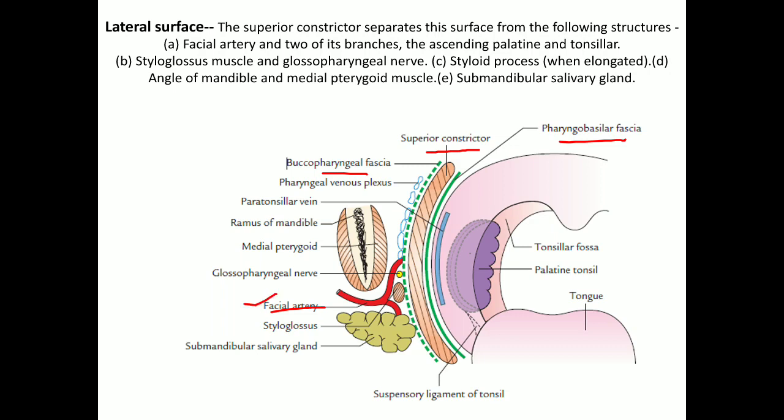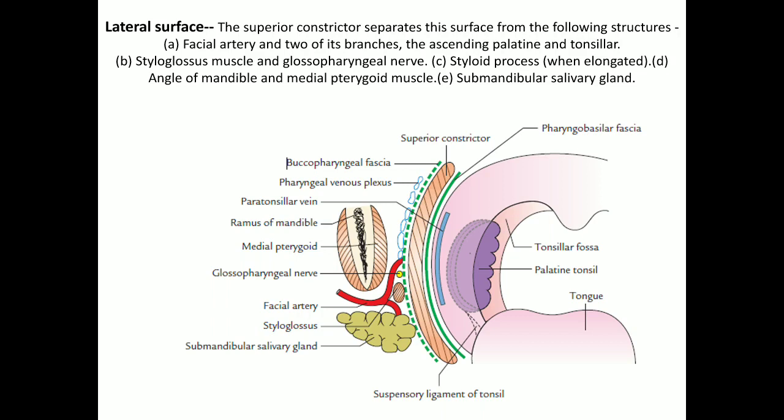The facial artery with its ascending palatine and the tonsillar branches, and styloglossus muscle and the glossopharyngeal nerve. Also a gland, that is submandibular salivary gland, and here you can see the mandible, angle of mandible with the medial pterygoid muscle.